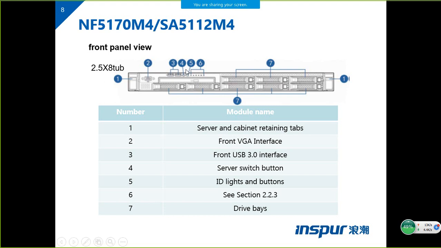This one is the server switch button. You can power on and power off with this button. This one is the RD indicator and button. When you click this button, you will see the indicator turn blue, and also at the back of the server you can see the indicator. And for the 6, we will see in section 2.23, and here is the hard drives.